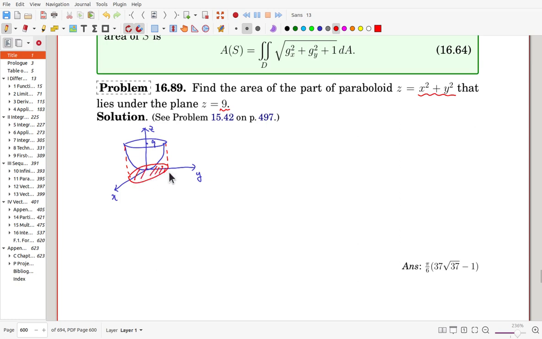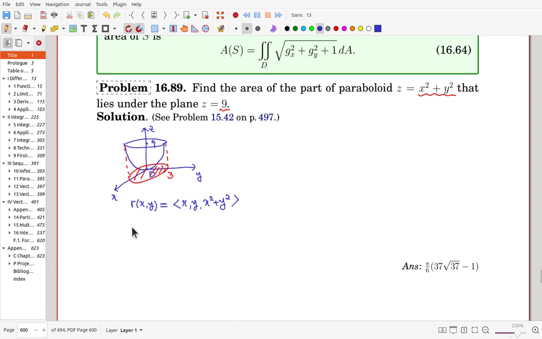So it is a disk of radius 3, right? Okay, that is now D. So from D to the surface, by using the parameterization r(x, y) equals x, y, and x squared plus y squared, right?